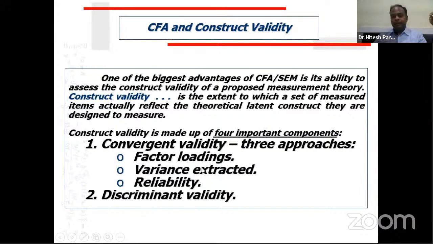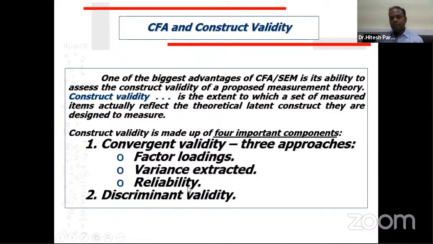So these 3 things will give us the answer on convergent validity. Ideally factor loading should be greater than 0.7. Average variance extracted, AVE, should be greater than 0.5.